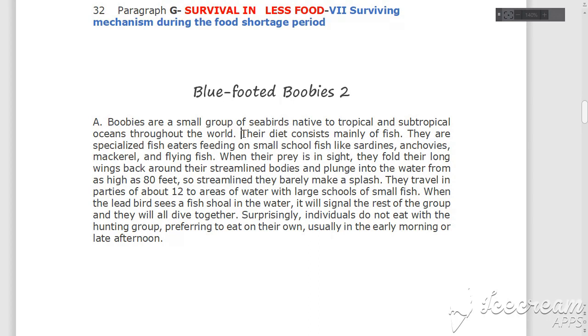The diet consists of mainly fish. Okay, they are specialized fish eaters, and flying fish. When they see prey in sight, they fold their long wings around their streamlined bodies and plunge into the water. Okay, this is also given somewhere.